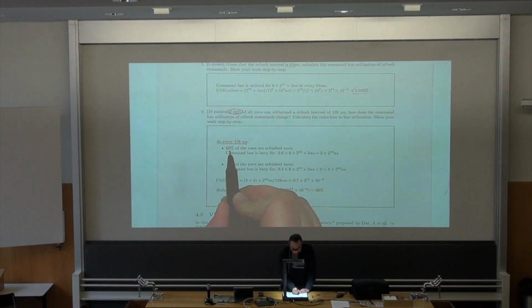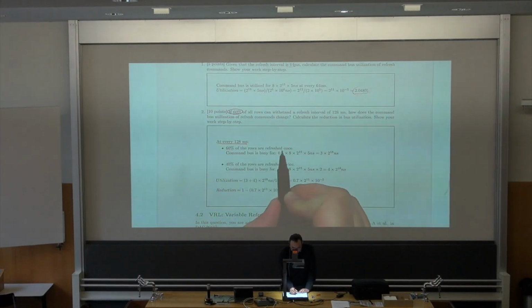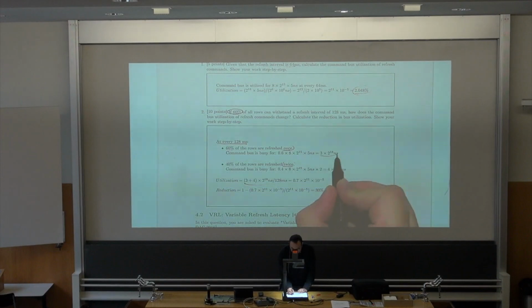For this 60% of the rows, I need to refresh them only once. And for the remaining 40%, I need to refresh them twice in every 128 milliseconds. So it's the same calculation actually. You just calculate utilization based on this. Actually, you just add up these numbers here and then divide by 128 milliseconds, and then you get this number.